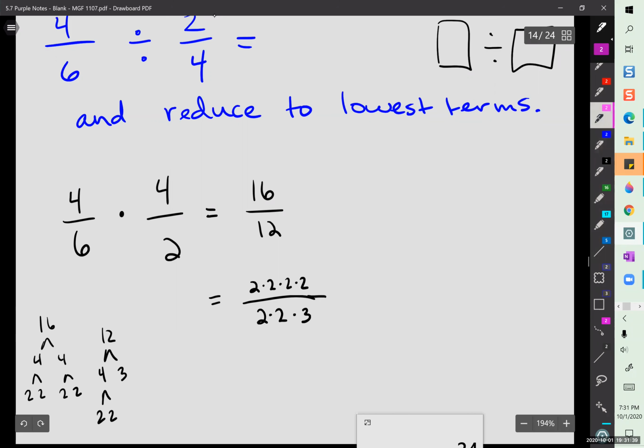And we notice that 2 pairs of 2's from the top and the bottom would cancel, leaving us with just 4/3. So we would type 4/3 as our final answer.